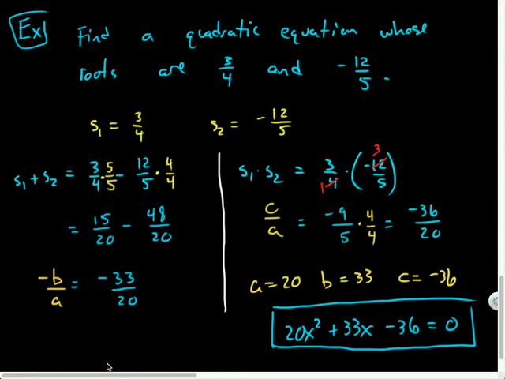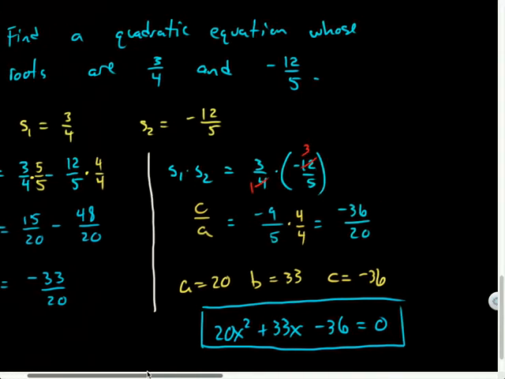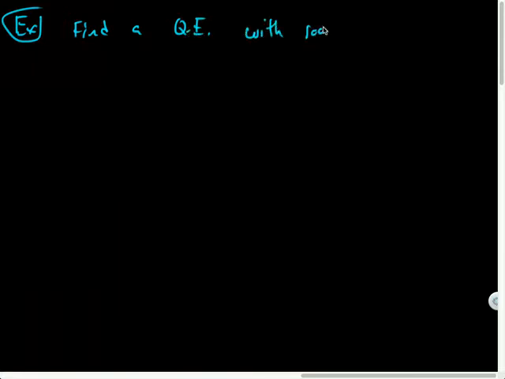All right, let's do the same kind of problem, but with some different roots. Same setup: find a quadratic equation with roots, and you guys are going to love this. You ready? 7 minus 3i and 7 plus 3i.